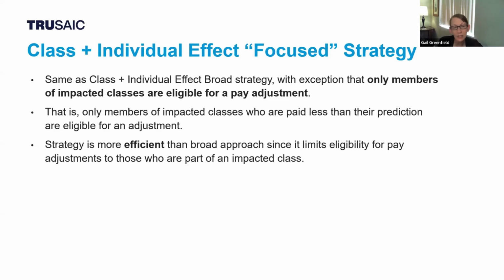Some people might be very far from their predicted pay, so you might have some pretty large adjustments to make if you decide to bring everybody up to their predicted pay. So what we typically see is that this approach is a bit more expensive. Even though you're giving adjustments to fewer people, you're giving much larger adjustments to those individuals.